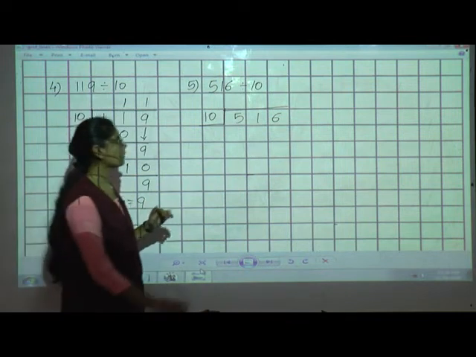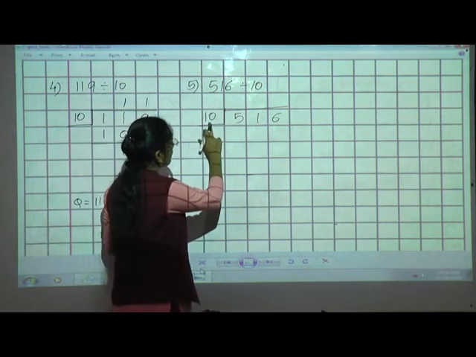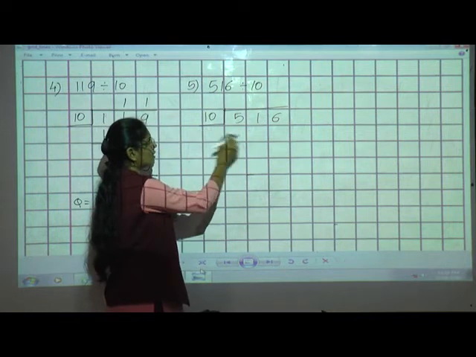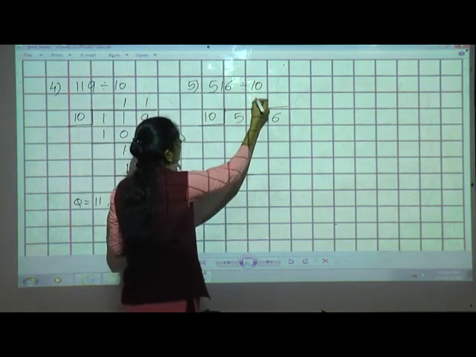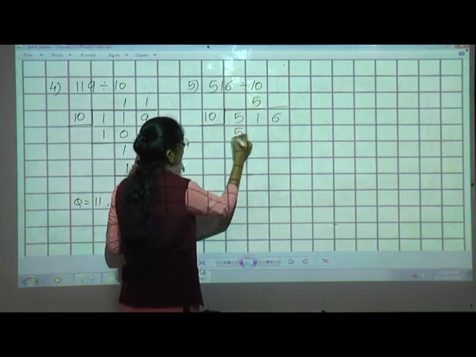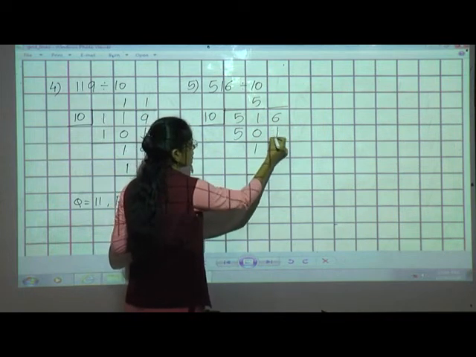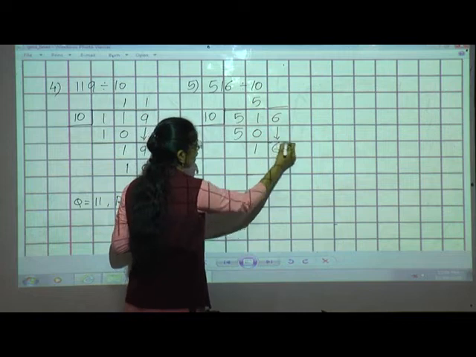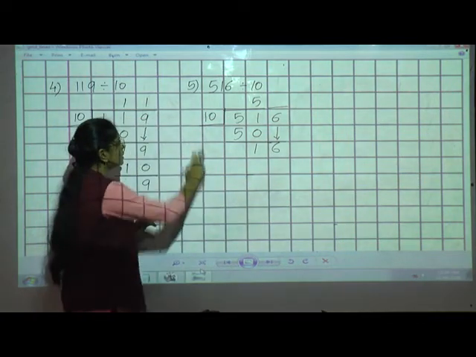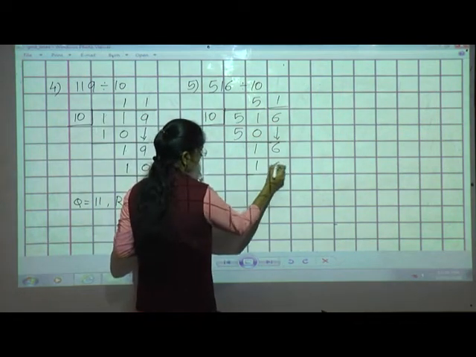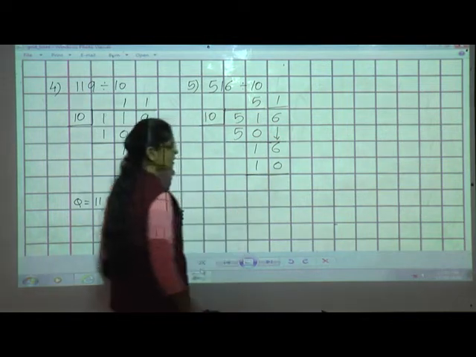Okay, so let us check our example. Now see the table of 10. In the table of 10, 51 is not there. 10 5s are 50. Now 51 minus 50, 1. In the next step, this 6 will come down. So here we have 16 now. Again 10 1s are 10, because 16 is not there.